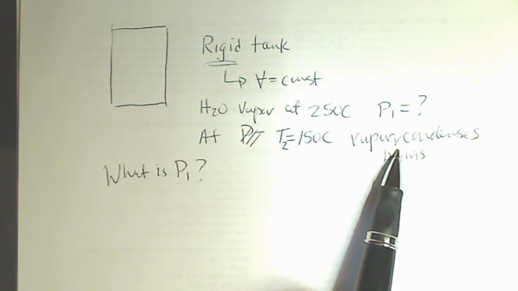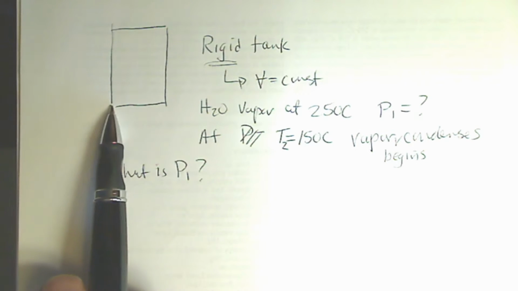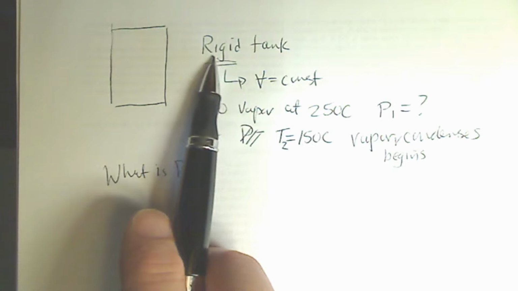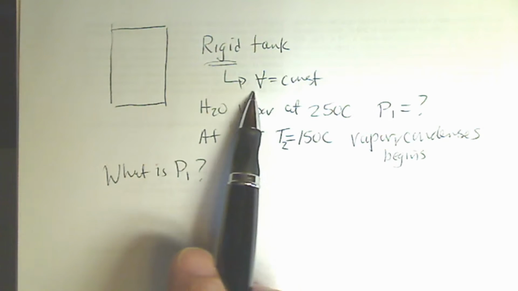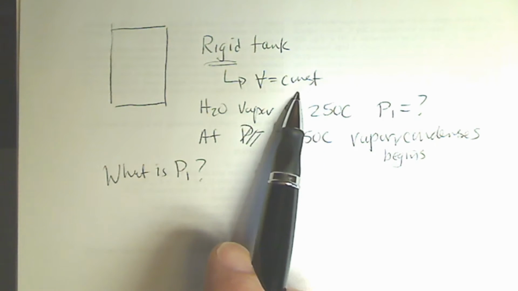The second thing we need to think about is what kind of process this is. We know that it's a rigid tank, and therefore the volume is going to remain constant.